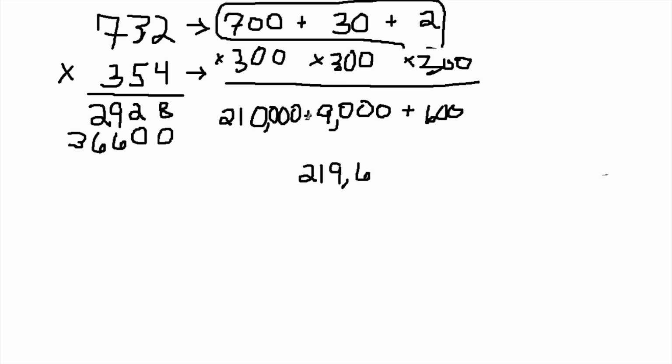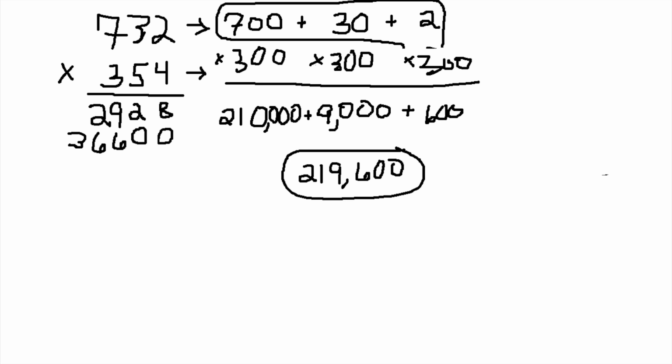And the tens place is a 0, 0, 0, which makes it a 0. Then you have a 0, 0, 0. So all this added should be 219,600.